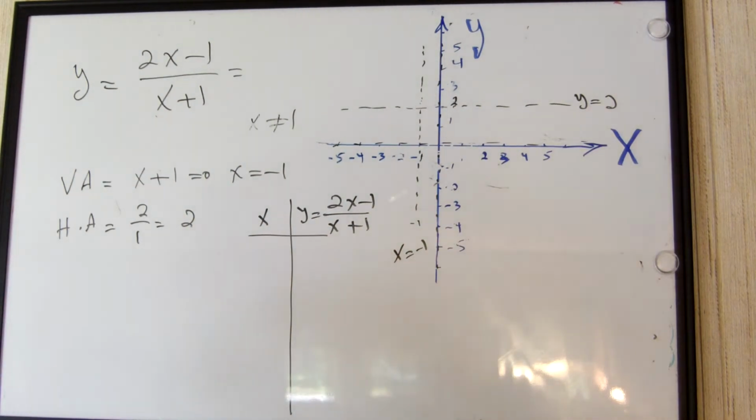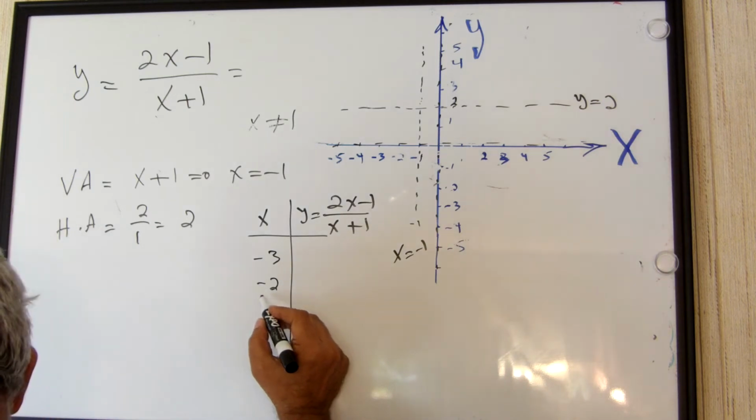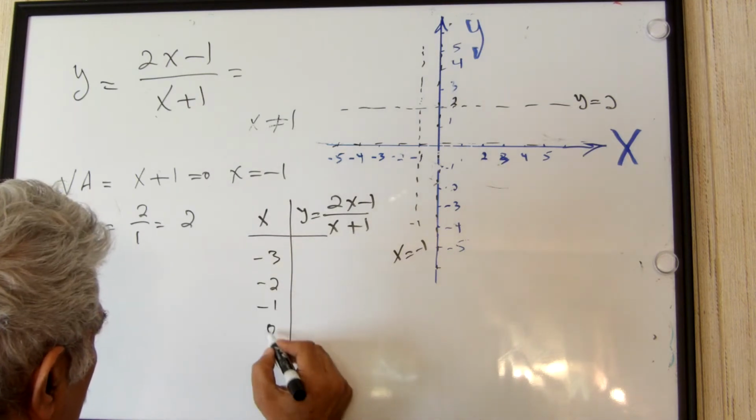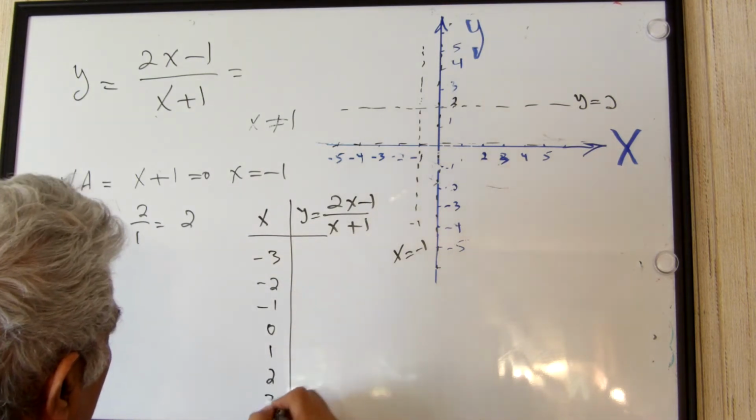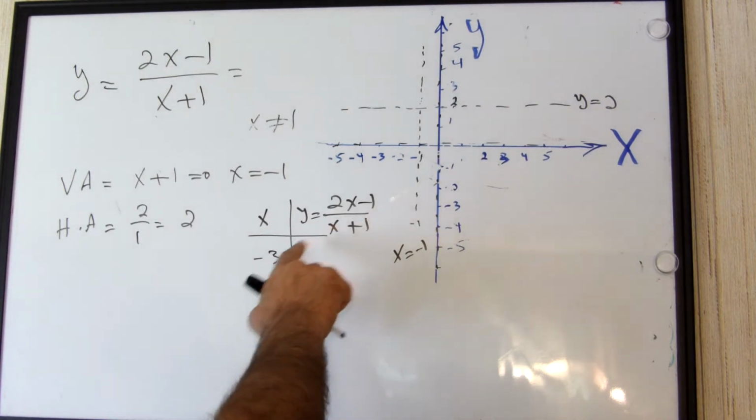You can use the calculator. We want to start with some numbers here: -3, -2, -1, 0, 1, 2, 3. Finding these numbers in a calculator is so easy. You don't have to plug in -3 and then get y.